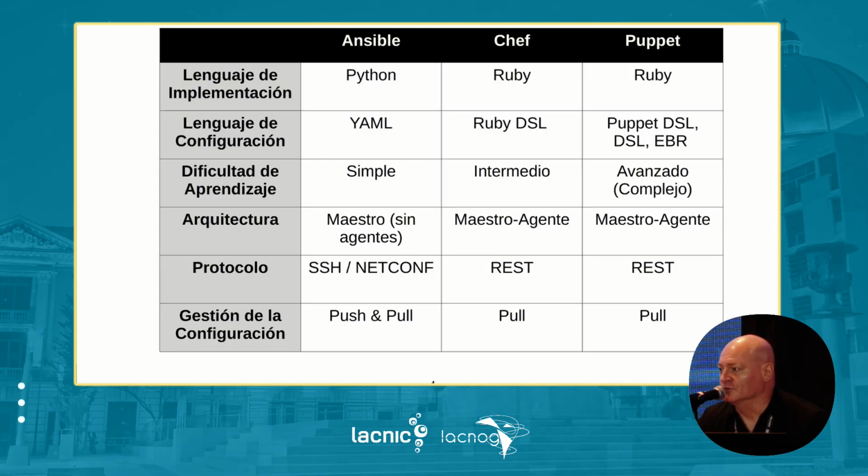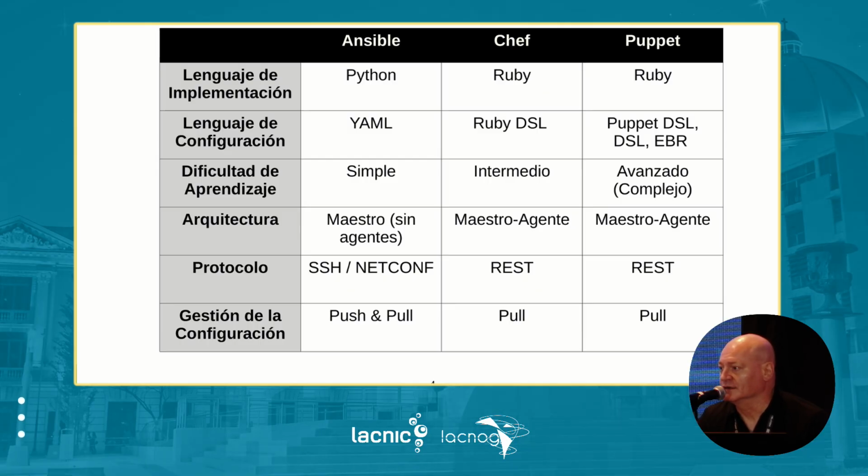Ansible uses YAML, and Chef uses its own language, and the same with Puppet. Now the difficulty of learning is quite relative because each depends on the implementation and what it can do. You can have a simple tool but it doesn't cover the needs we have.